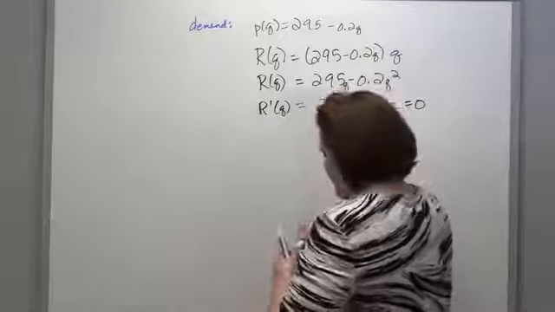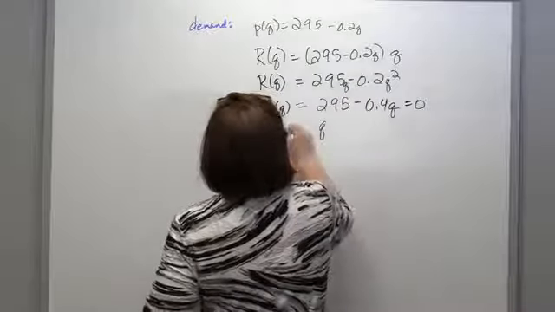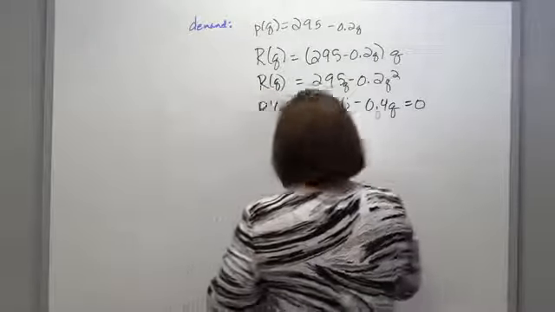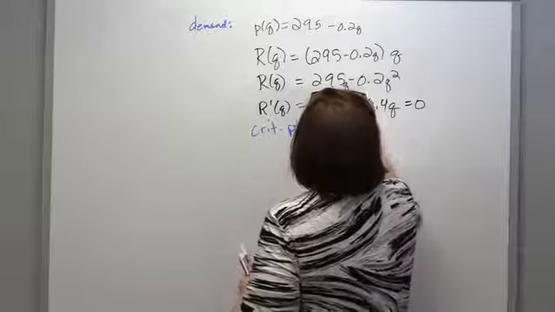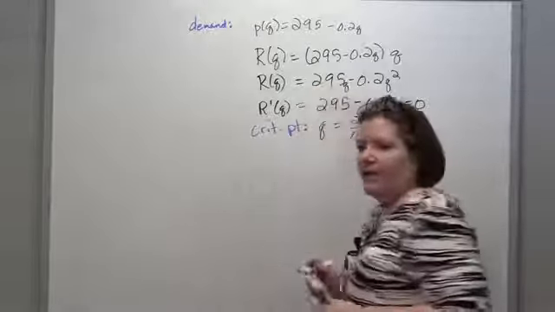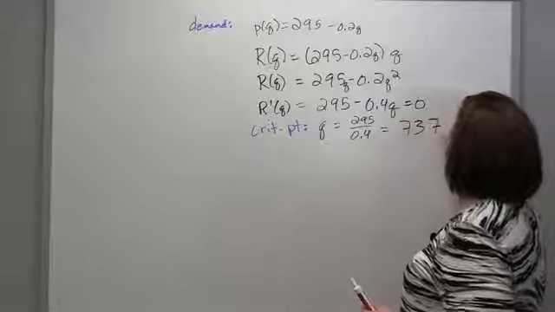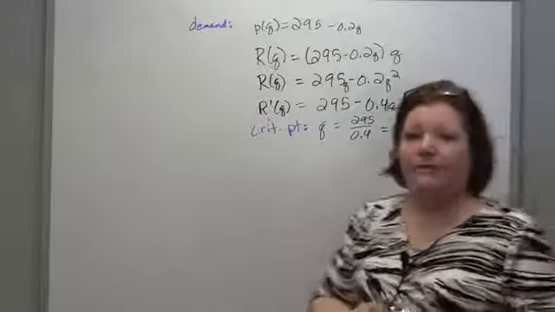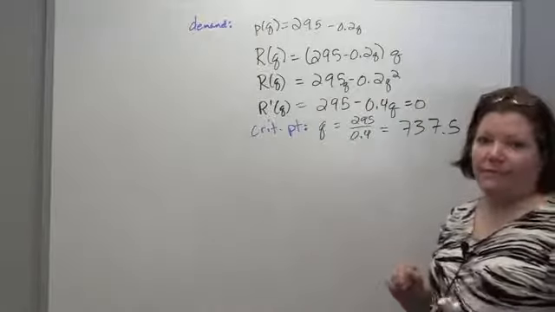And we're going to get a critical point when Q equals 295 divided by 0.4, which ends up being 737.5.